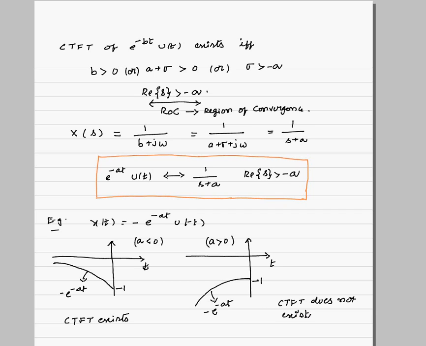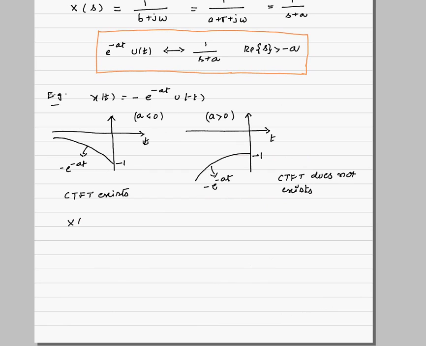So let us try to find the Laplace transform of this sequence. So what will be our x of s? Clearly because of u of minus t, my x of s will be integral minus infinity to 0 e power minus at into e power minus sigma t into e power minus j omega t dt.